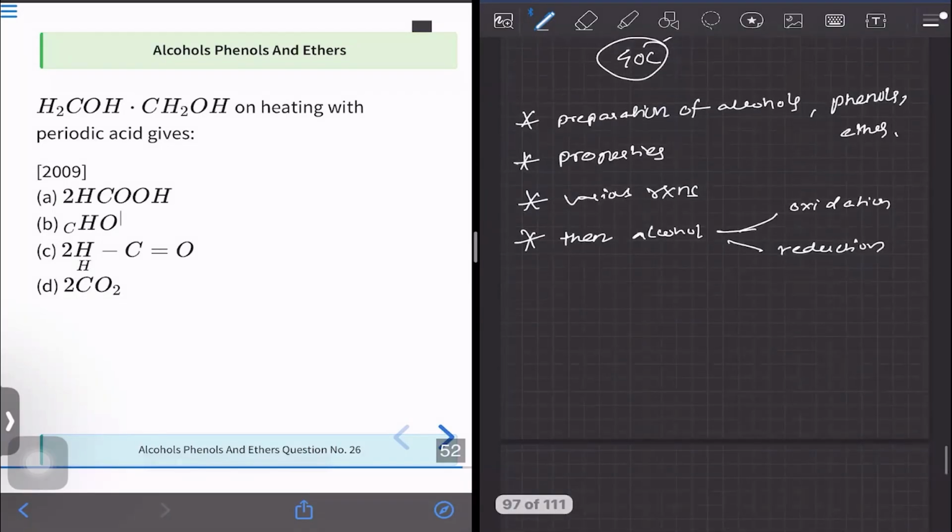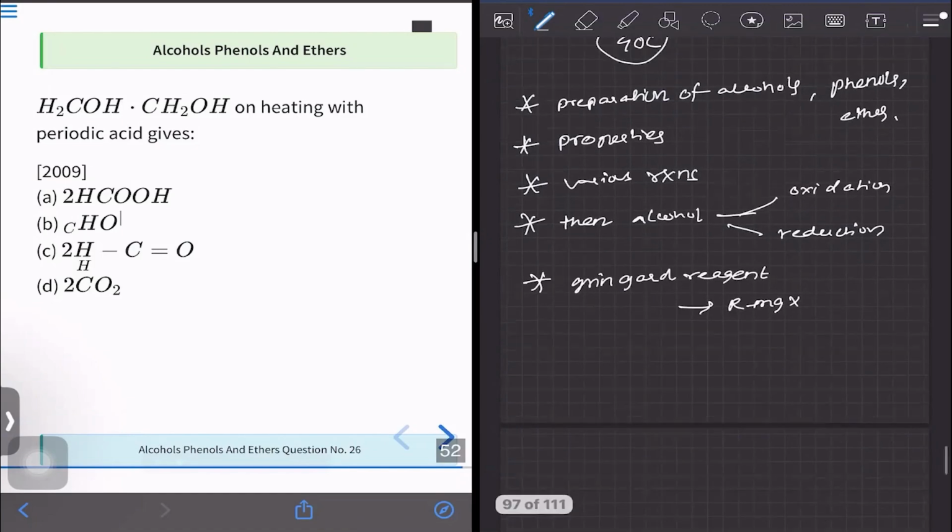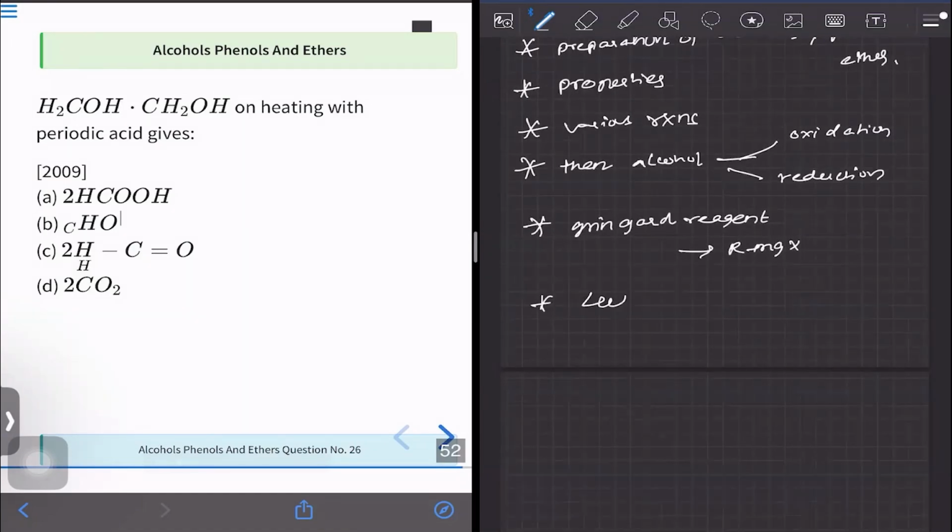See, we have many reagents in alcohol, one is the Grignard reagent, that is RMgX. Next, what is Lucas reagent? Lucas reagent is concentrated HCl plus anhydrous ZnCl2.